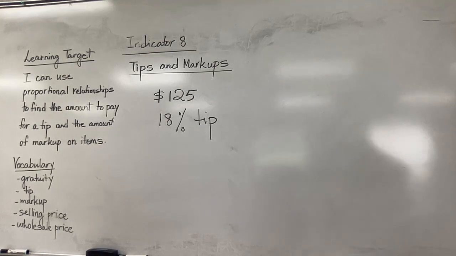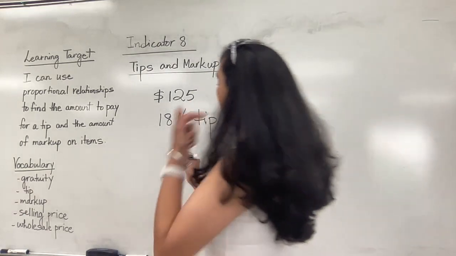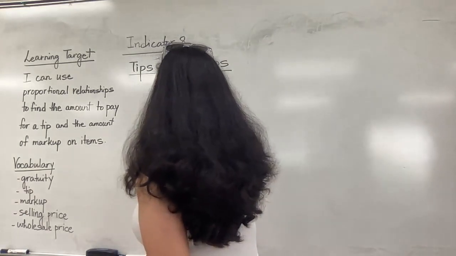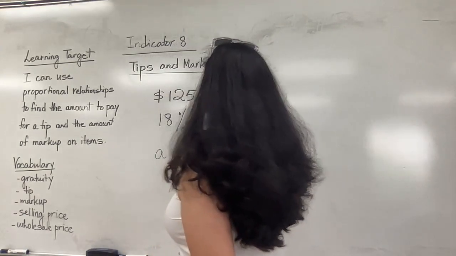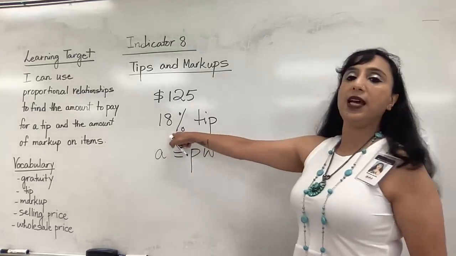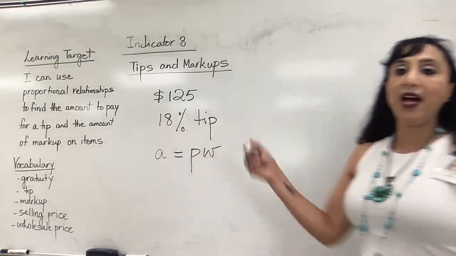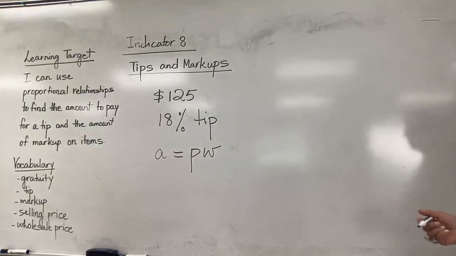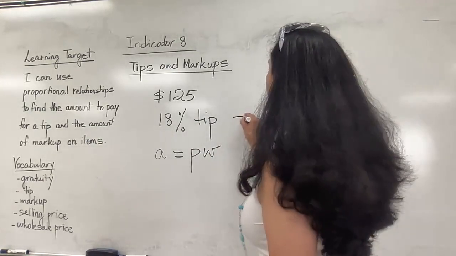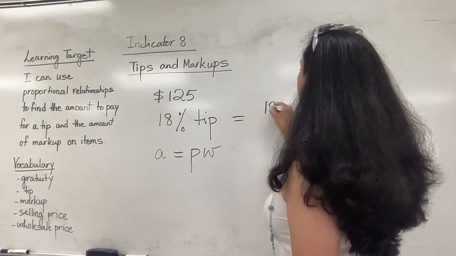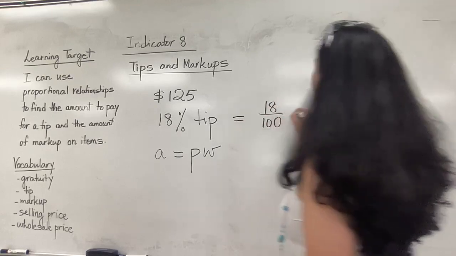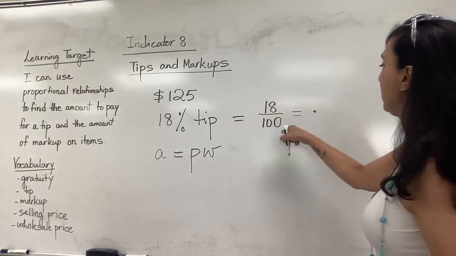Okay, so I am going to start with the percent formula, where A is equal to P times W. My percent is the 18%. And if I say 18% as a decimal, what is it? 18 over 100 is a fraction, so as a decimal, this is 0.18.